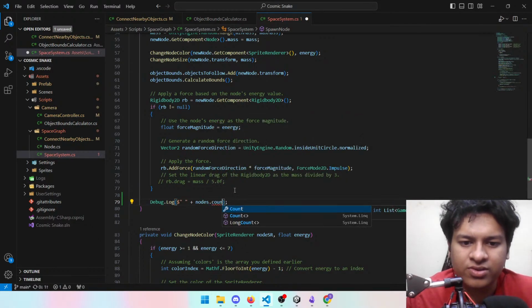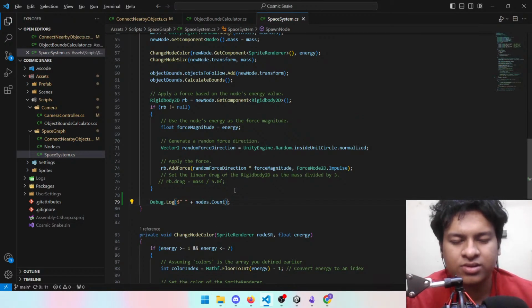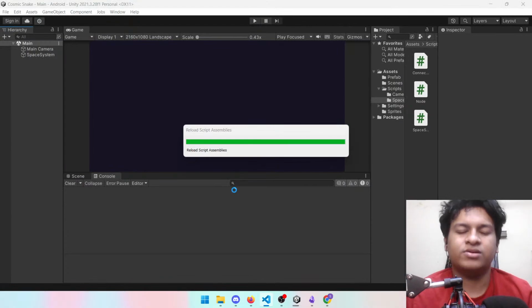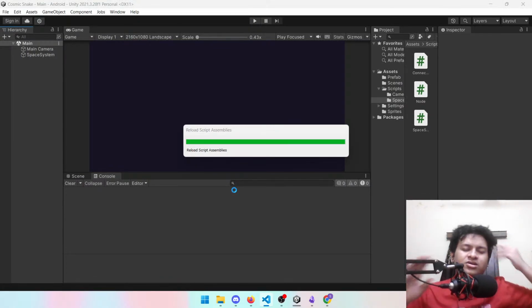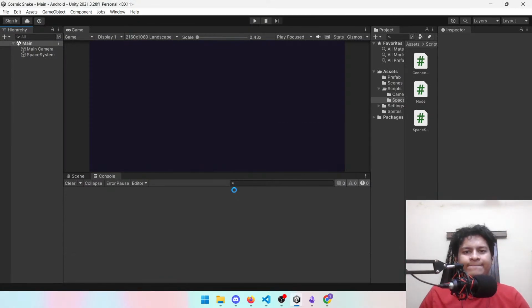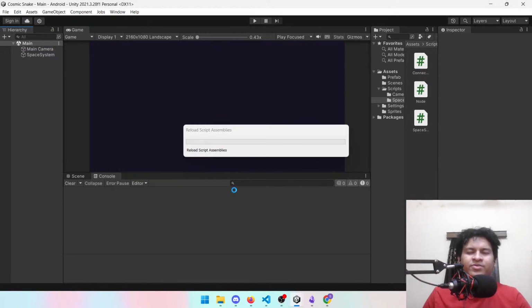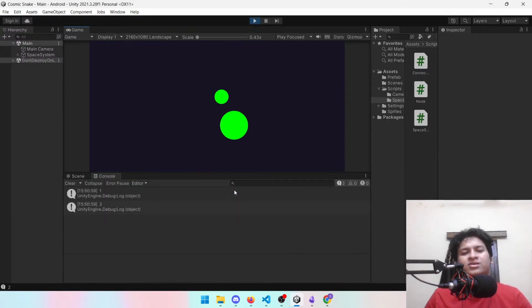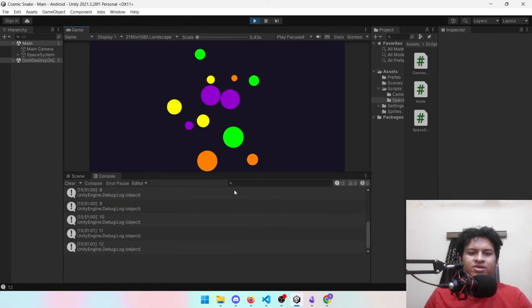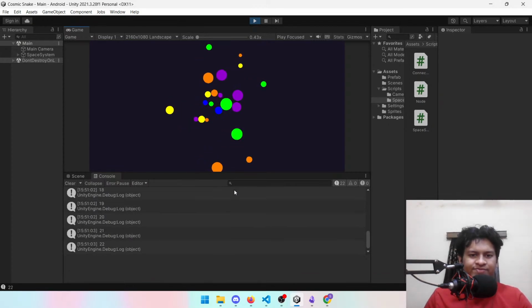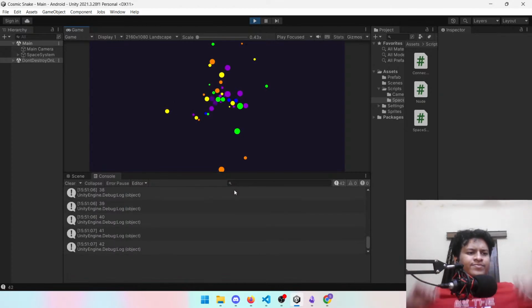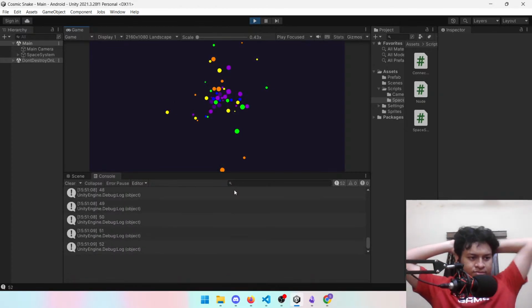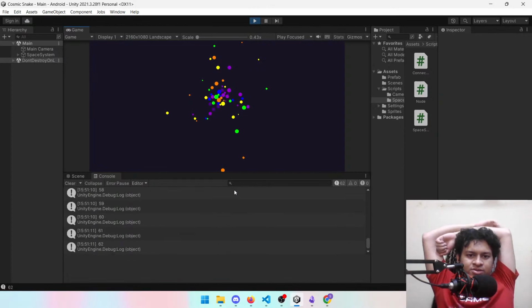Nodes dot count. Well, let's just run it. I did speed it up, but even then it should give us some number at least. Yeah, there's a default count already.